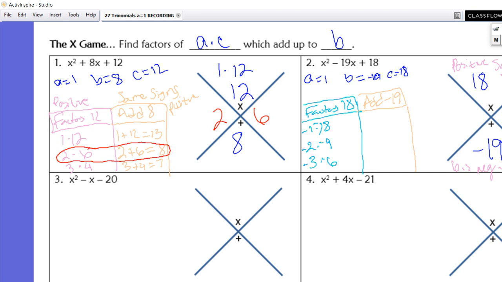So now I'm going to be thinking adding. So I'm thinking negative 1 plus negative 18. That's negative 19. I could go through the rest of them if I wanted to, but that one's the one that works, right?